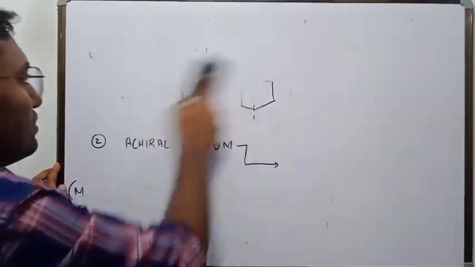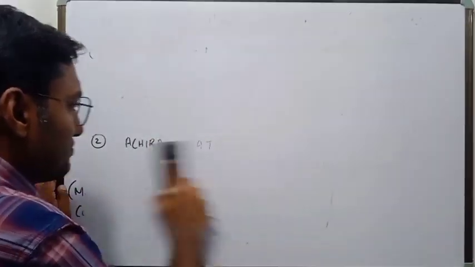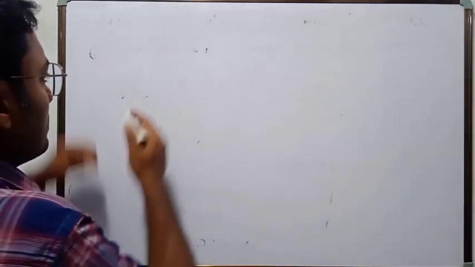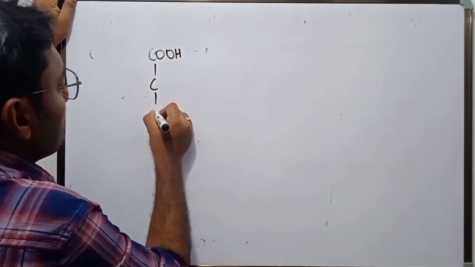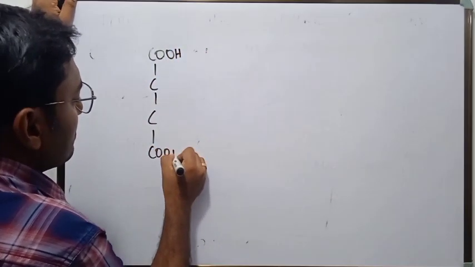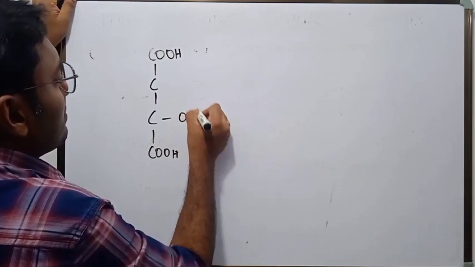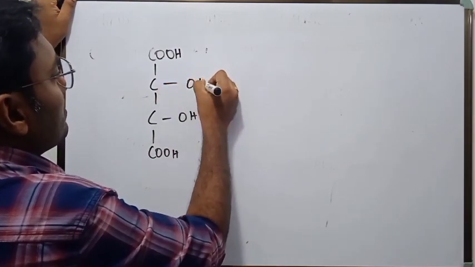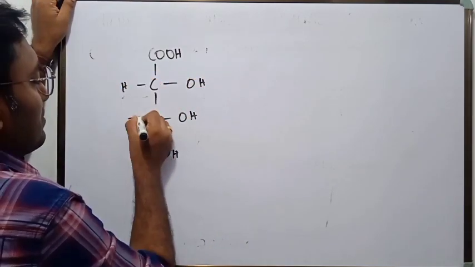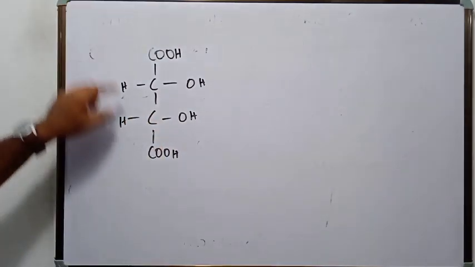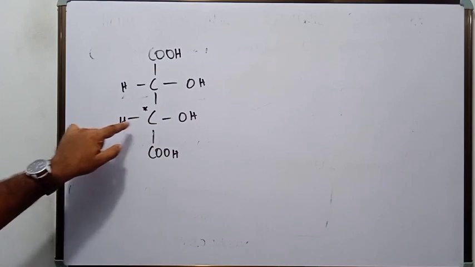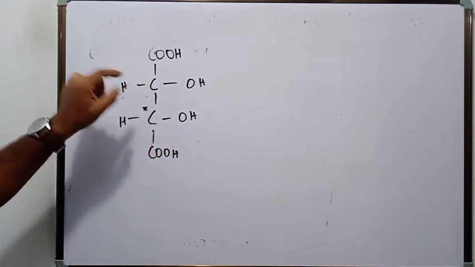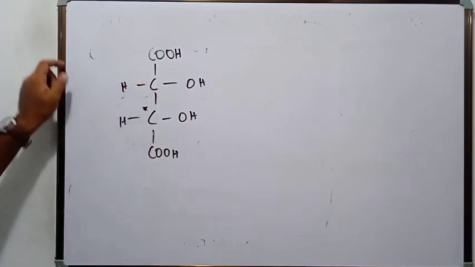I'm going to draw a chiral carbon atom. So this is your mesotartaric acid. This carbon atom is a chiral carbon atom because it is attached to four different substituents on the four sides, and this carbon also is a chiral carbon atom.